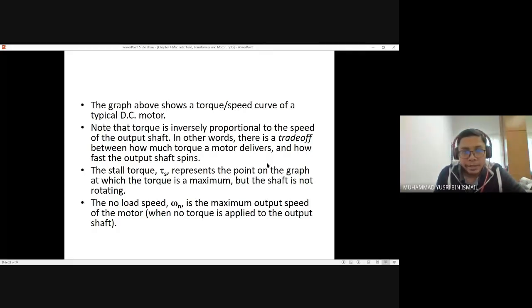And then the stall torque represents the point on the graph at which the torque is maximum, but the shaft is not rotating. And then the no load speed is the maximum output speed of the motor when no torque is applied to the output shaft.